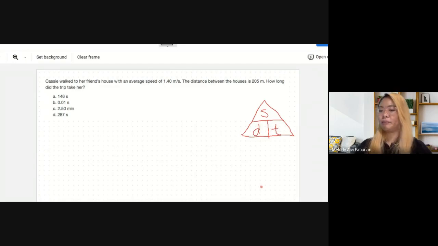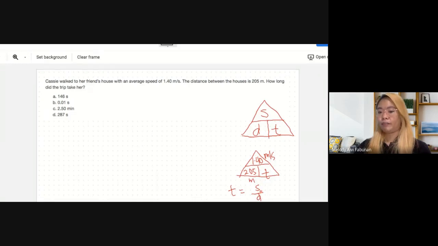So we are going to substitute this triangle to our given. In this case, ang given natin is yung speed, which is 1.40 meter per second. And then, ang given niya is distance, which is 205 meters. So, in order for us to tell the time, we are going to divide distance by speed.